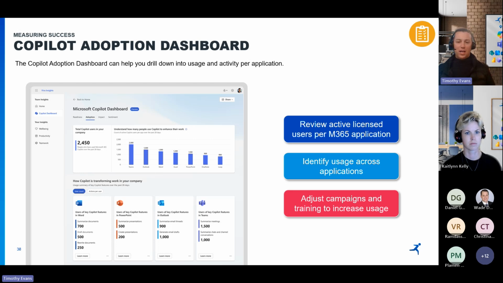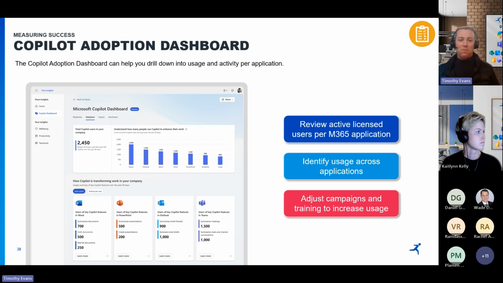So once we understand those trends, we can monitor or even alter our strategy based on those trends to boost adoption in other places, or at least think about different ways that we can interact with end users. So ultimately, when we leverage sentiment, A/B testing, and our Copilot adoption dashboard, we can really paint the picture.